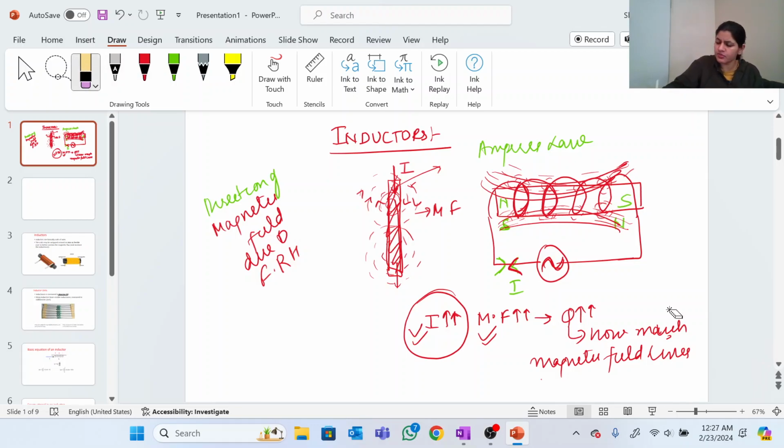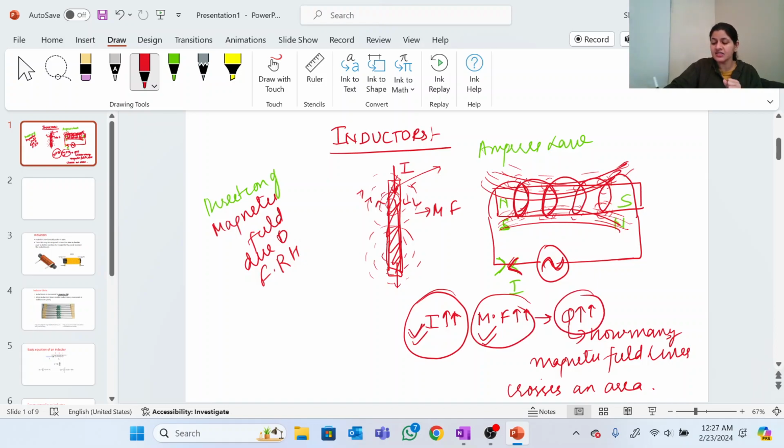How many is probably the better word: how many magnetic lines cross an area. So how many flux lines an electromagnet or an area can accommodate across it, that is what flux is. So as we increase this current, the magnetic field is increasing and the flux is increasing.